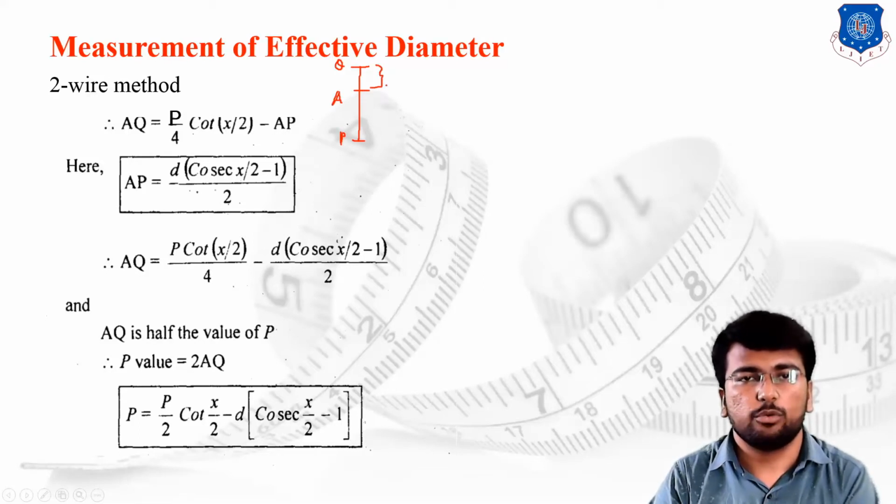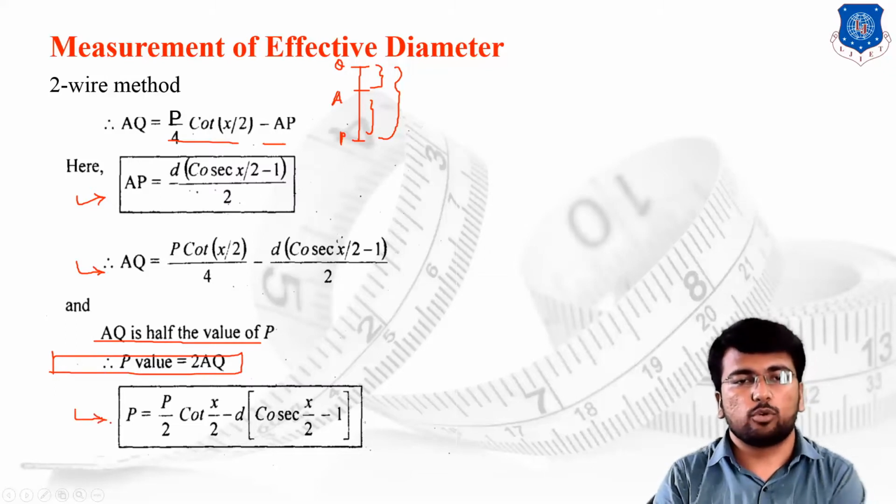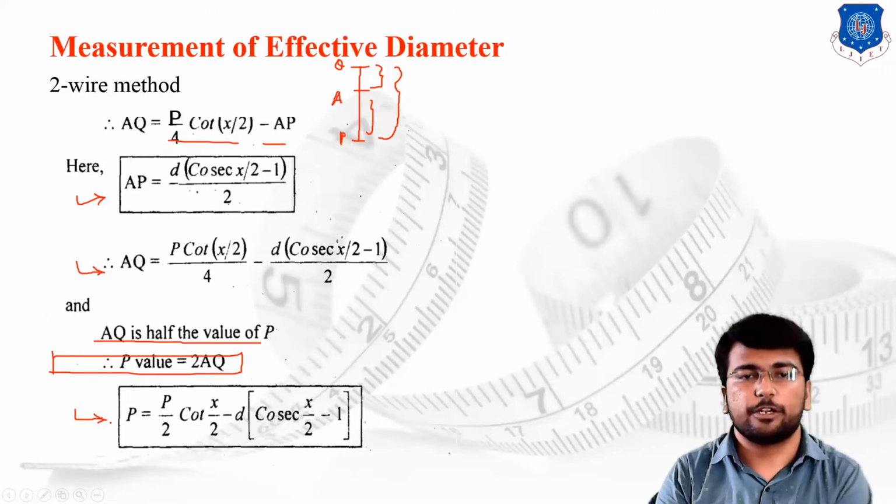Then AQ is equal to total PQ minus AP. So total PQ, that is P by 4 cot of x by 2, minus AP. Make AP the subject and put the value of AP inside the value of AQ. Then AQ is half of the value of P, so P is equal to 2 of AQ. And finally P is equal to P by 2 cot x by 2 minus d cosec x by 2 minus 1, where P is the difference.